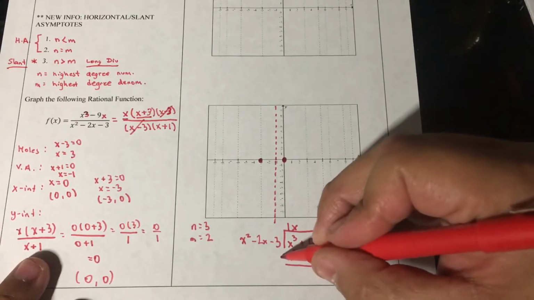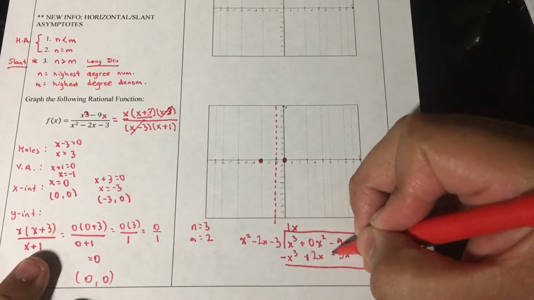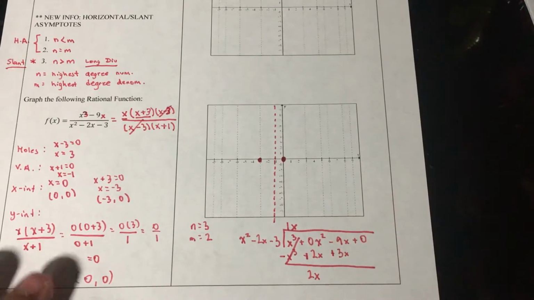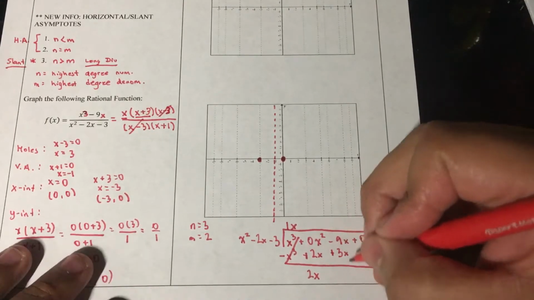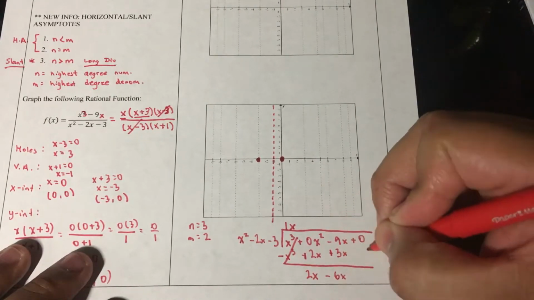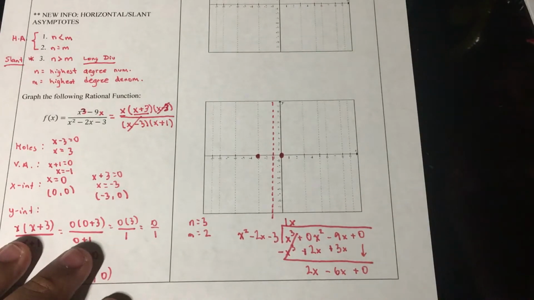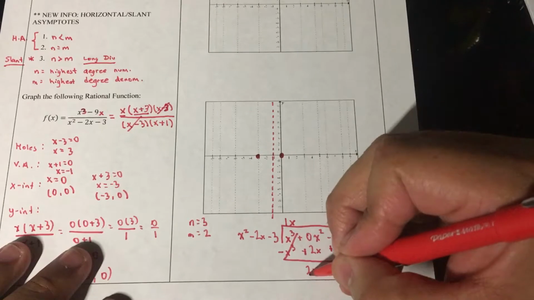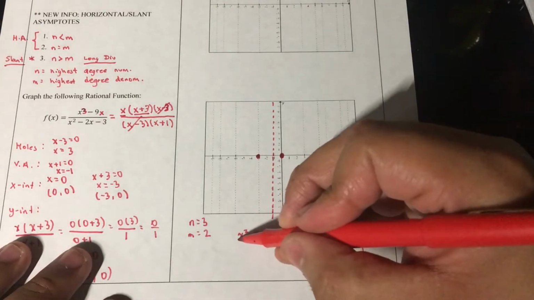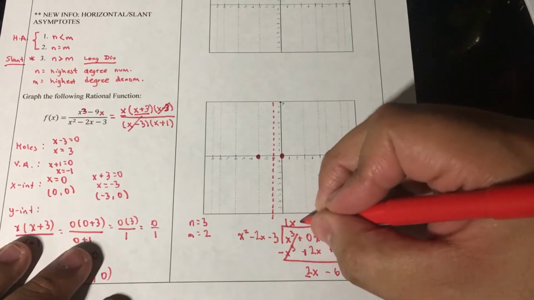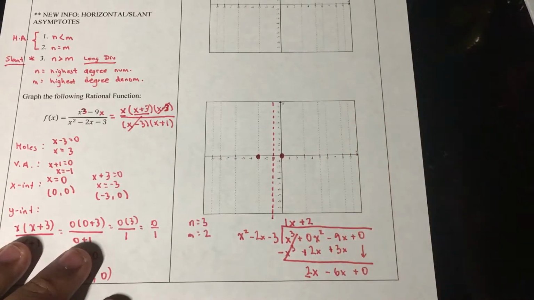The only thing I have to do here is switch all the signs. So this goes away. 0 plus 2x is 2x. Negative 9 plus 3 is negative 6x, and the 0 will come down. I'm going to do this again now. Now my coefficient is 2, and over here it's still 1. So 2 divided by 1 is 2.